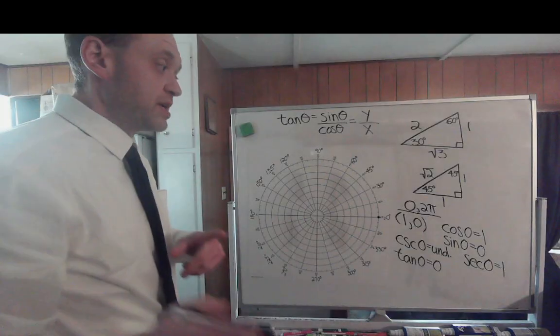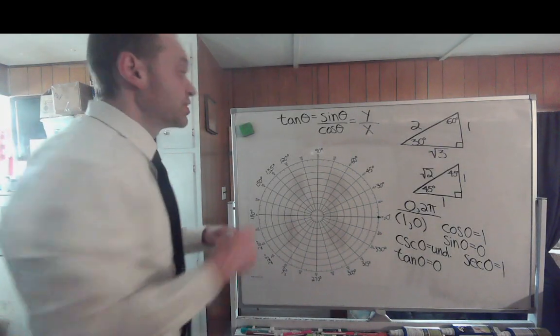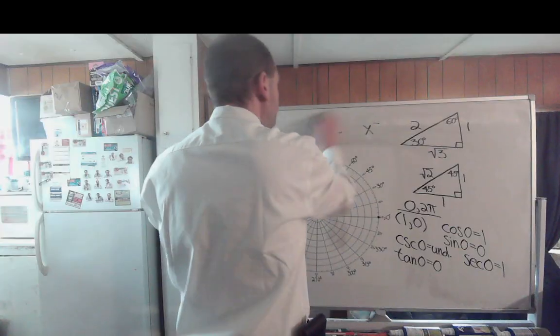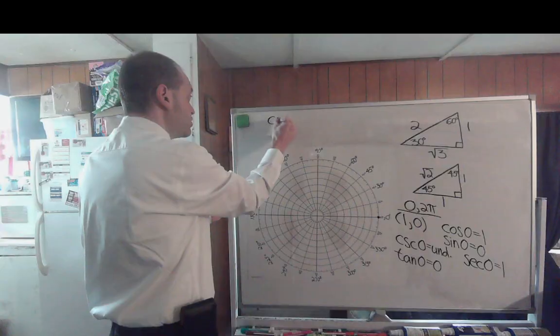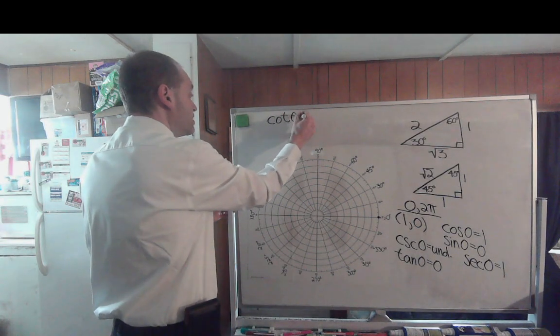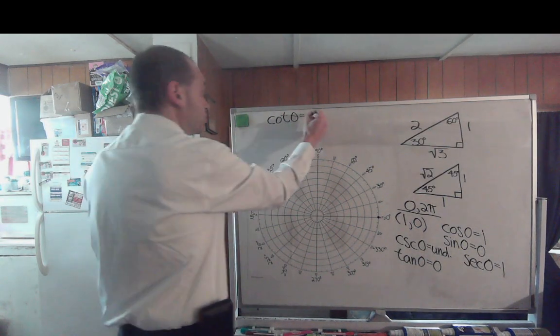And then last but not least, we have to consider the cotangent. So the cotangent of theta, that's definitely the reciprocal of tangent.